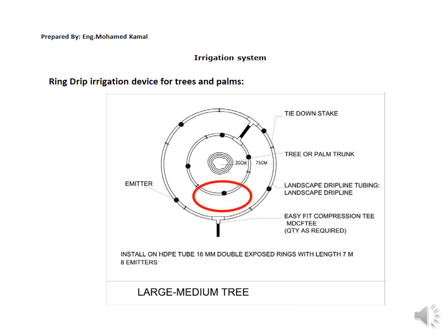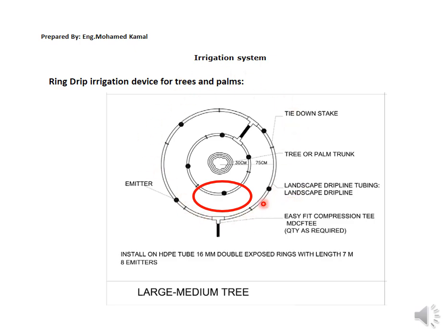If we have a palm or even a large tree, we commonly can use two circular grids. These circular grids have emitters as well. As a rule of thumb, most palm trees commonly use tubes of double ring.